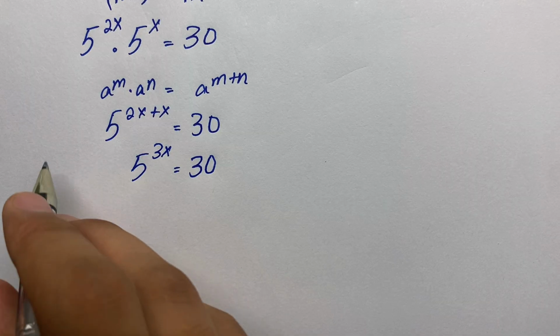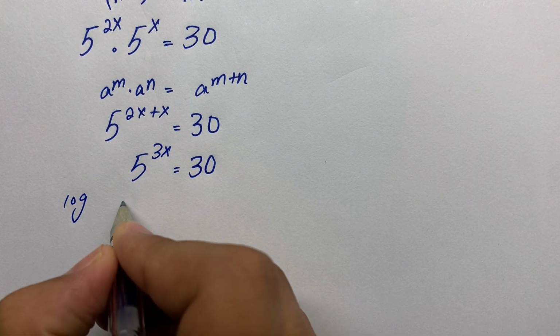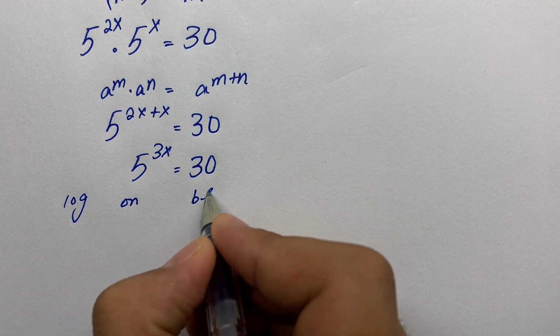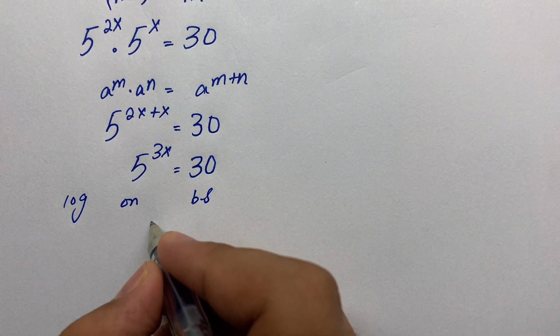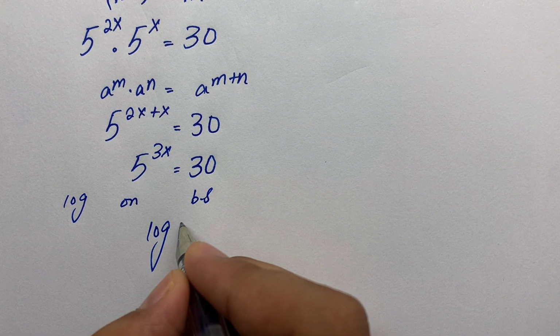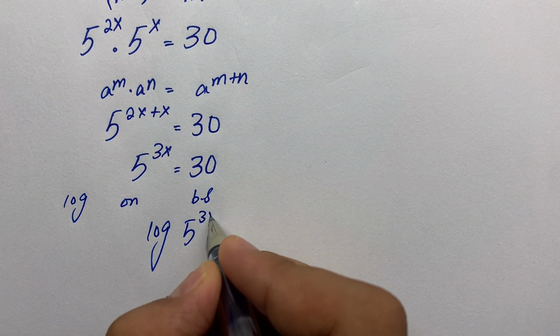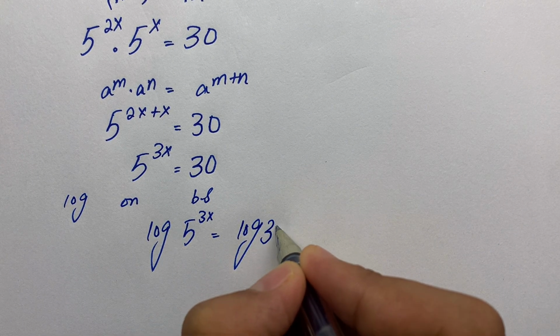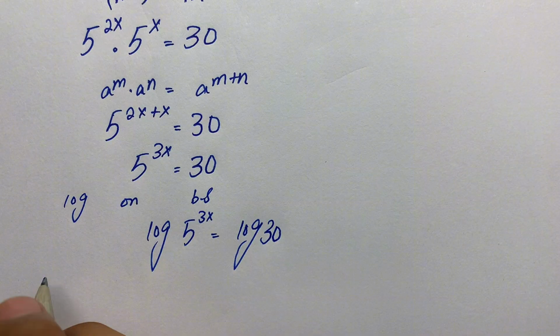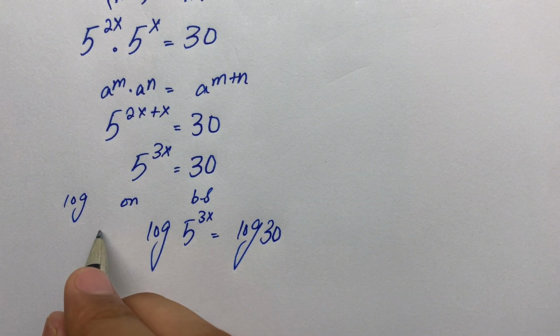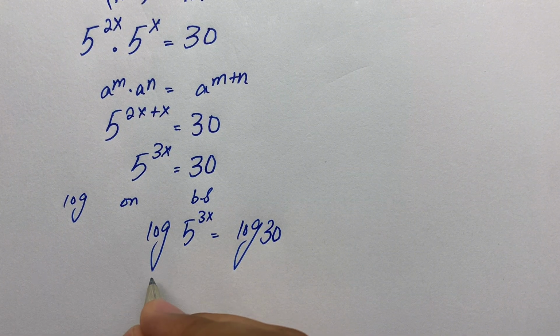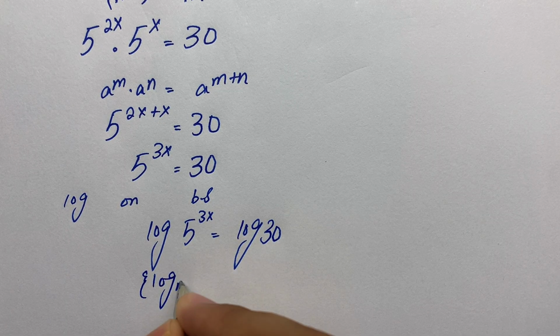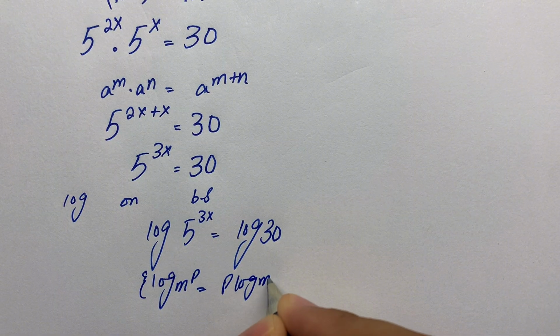Now in the next step we are using log on both sides. After using log on both sides, log of 5^3x is equal to log of 30. The 3x moves to this side, using the formula log of m to the power p is equal to p log of m.